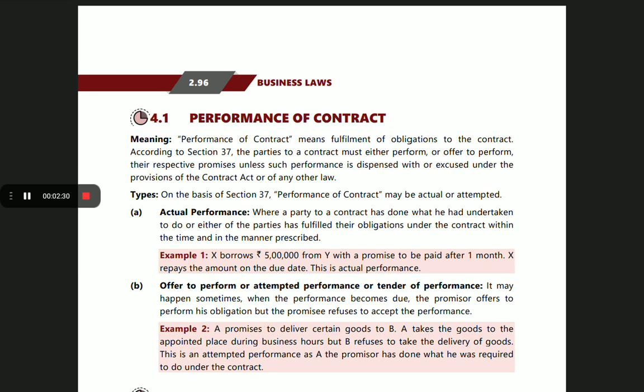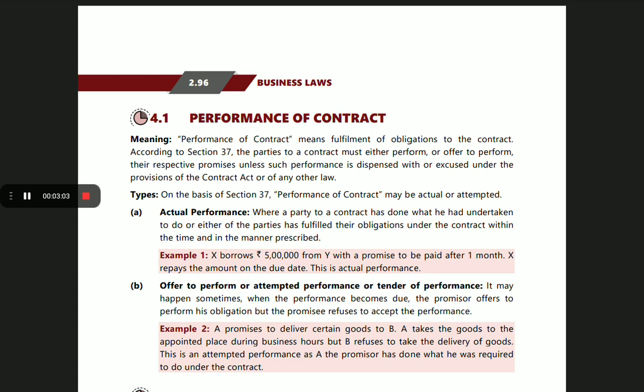Types. On the basis of Section 37, performance of contract may be actual or attempted. Actual performance: where a party to a contract has done what he had undertaken to do, or either of the parties has fulfilled their obligations under the contract within the time and in the manner prescribed.